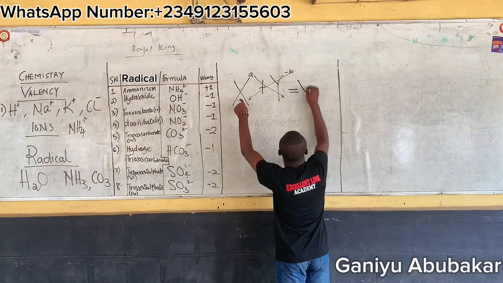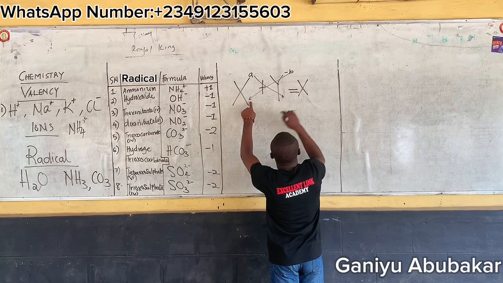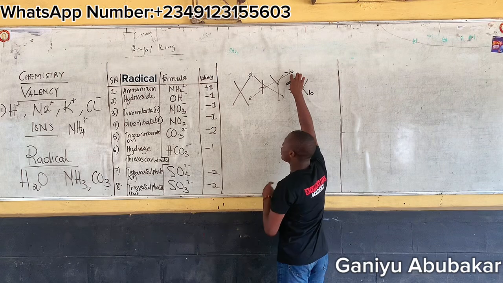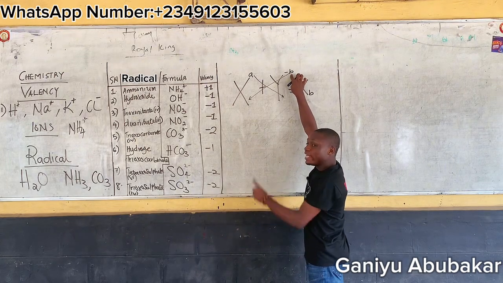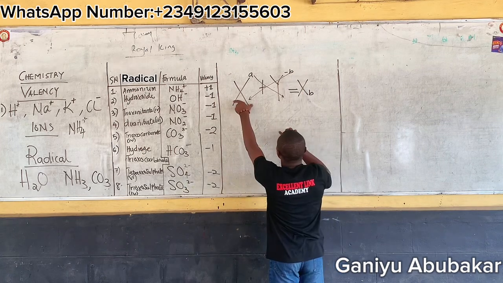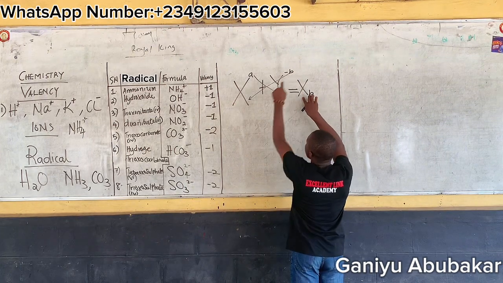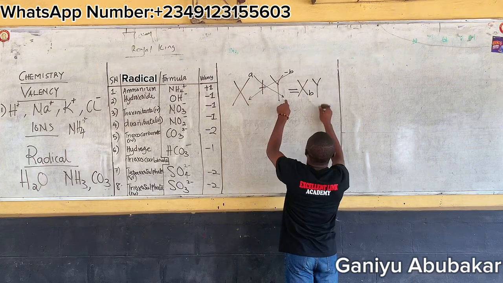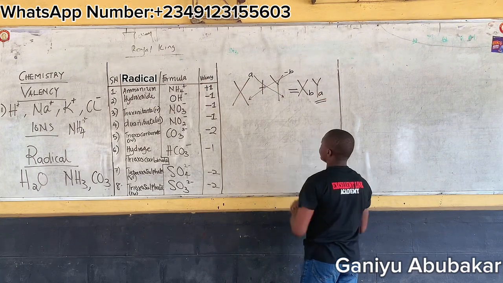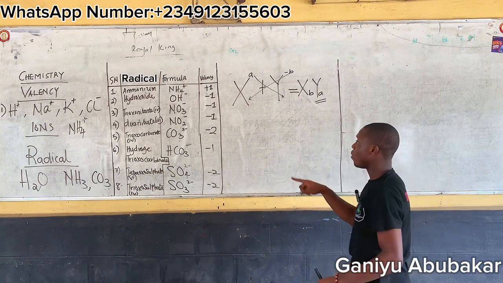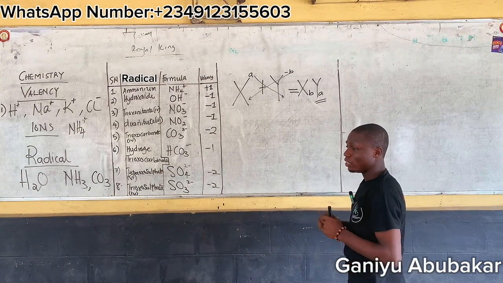I'll have X to the power B. You ignore the sign. So X here is X here, this B comes here. What next? Y here, here comes A. This is how to write a compound. They exchange their power and ignore the sign.